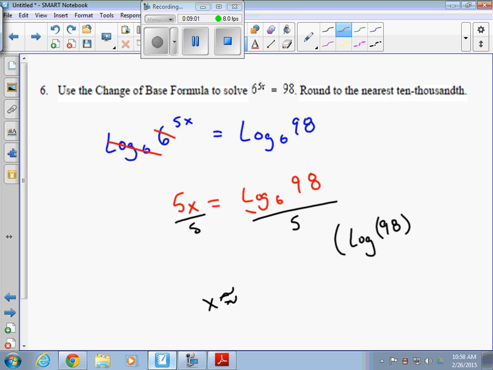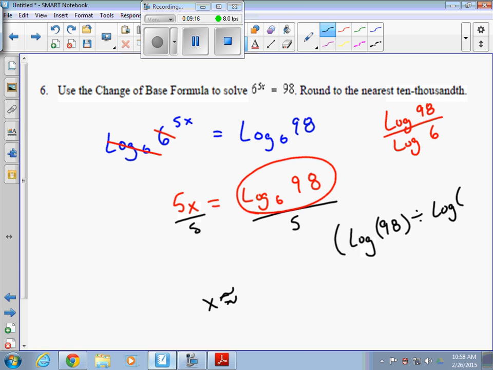So what that means is log of 98 divided by log of 6, and then close that extra set of parentheses right there. Then hit divide by 5, and that should give you what you need.